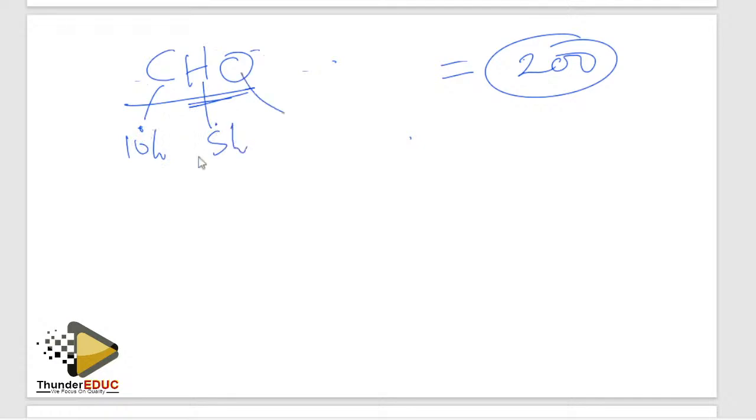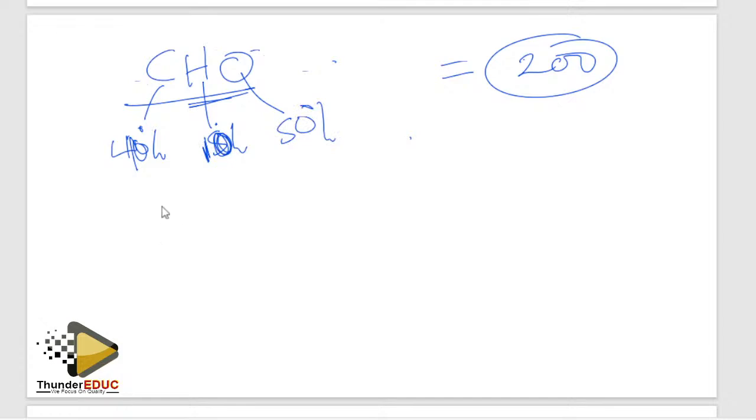That's too small, so let me just say this is 40%, and this is 10%, and this is 50%. So how do I do the empirical formula here?